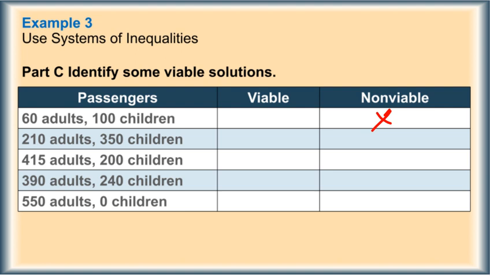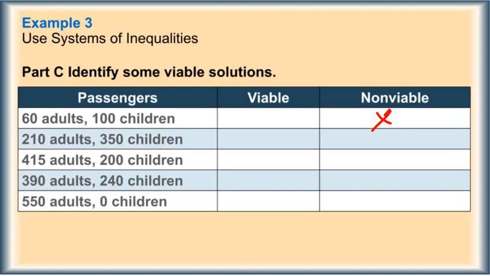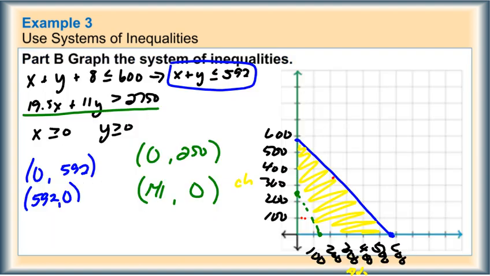Next, 210 and 350 would be roughly in here. That would be viable. 415 and 200 would not.